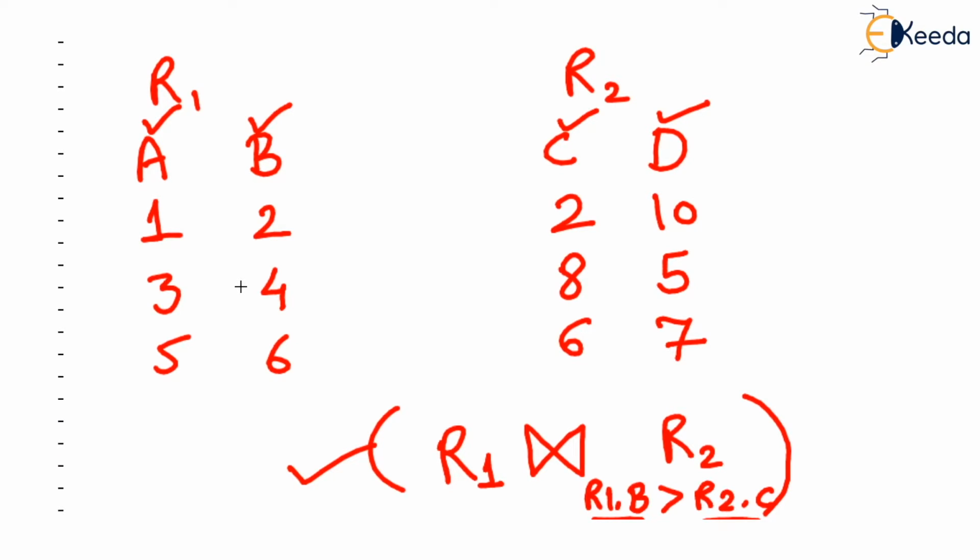We are joining R1 and R2 such that only those rows will be shown where the value of R1.B is greater than the value of R2.C.